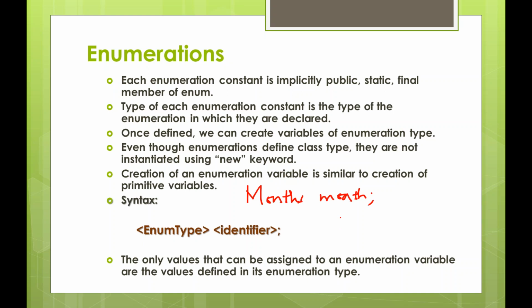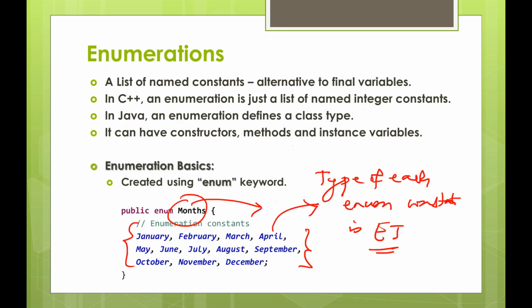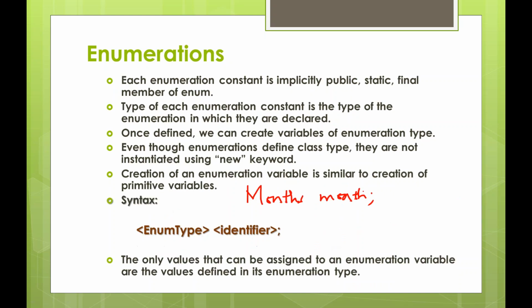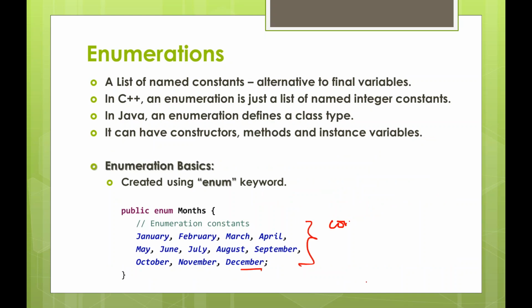Here we have defined months, right? So what are the constants that we have defined here? January to December. So remember, this is a variable, but these are constants.